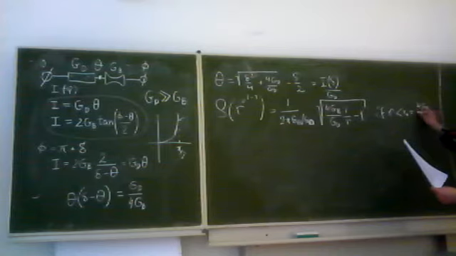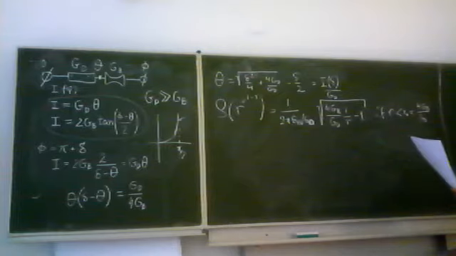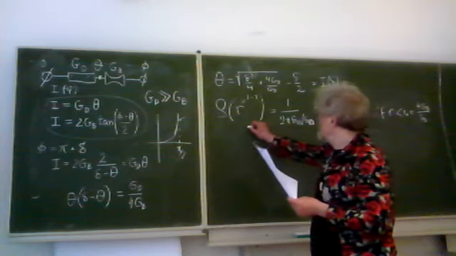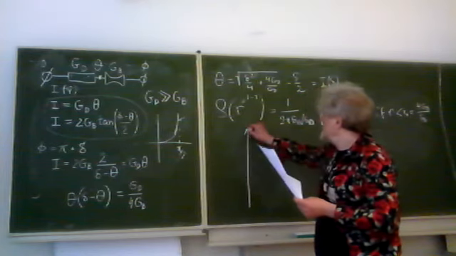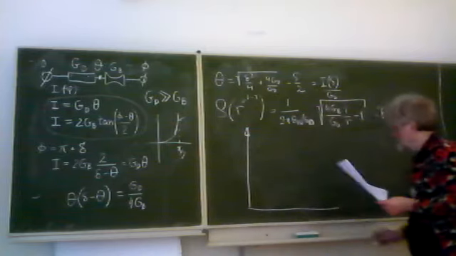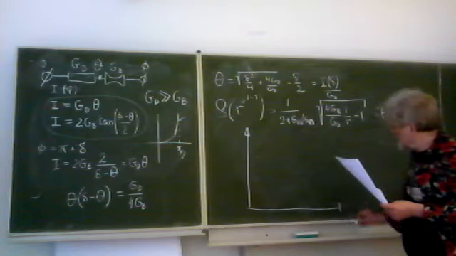GB divided by GD. So the distribution, if I plot it, perhaps a bit not to scale, is as follows.